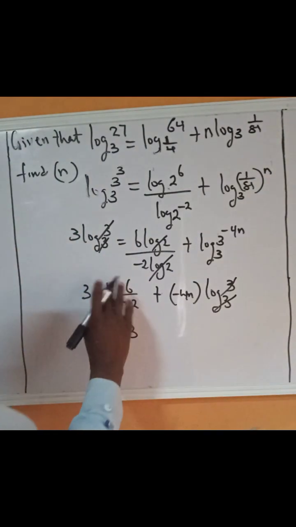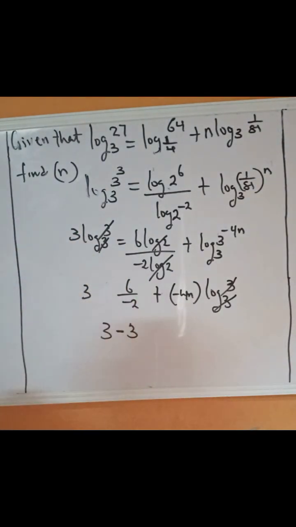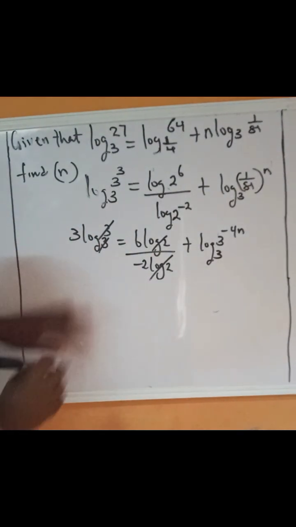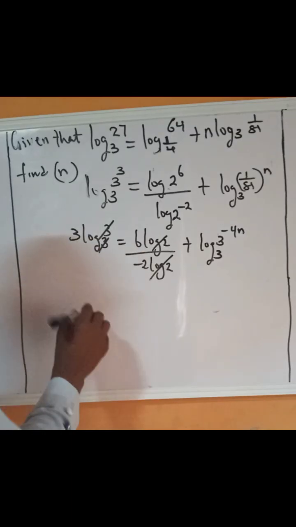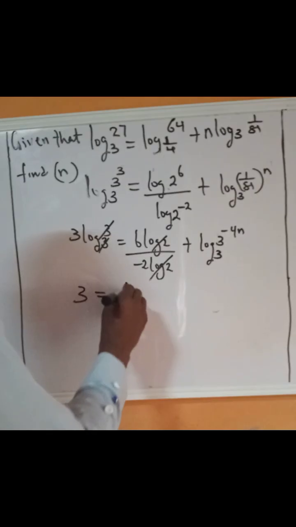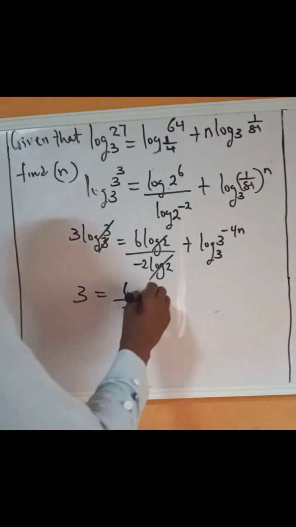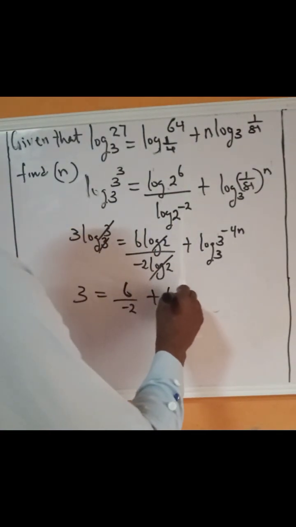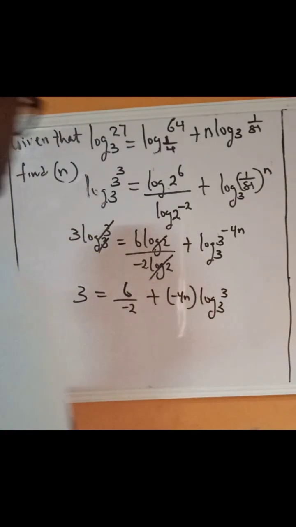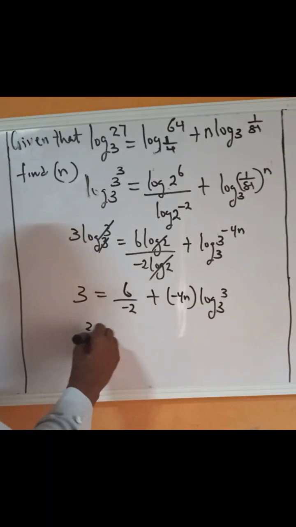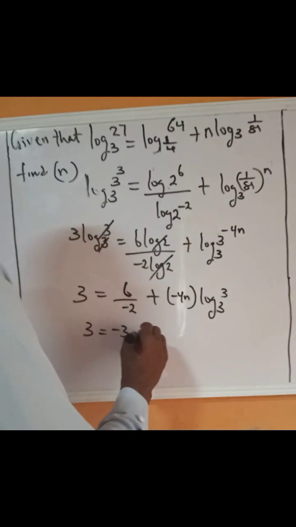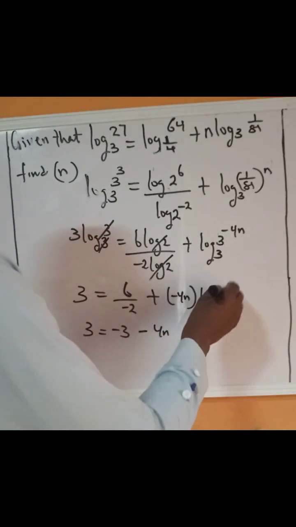Then so from here, when we cancel this, we now have 3 equal to 6 over minus 2, then plus, bring this one, that's minus 4n log 3 to base 3. So what do we have? We have 3 equal to minus 3, then minus 4n, because this will go.